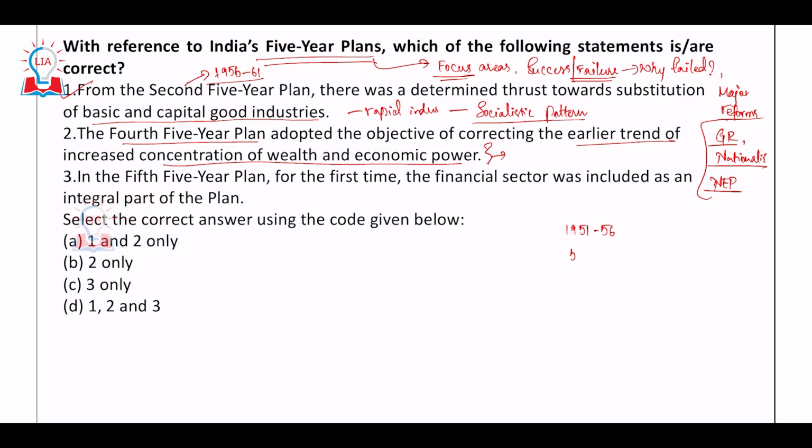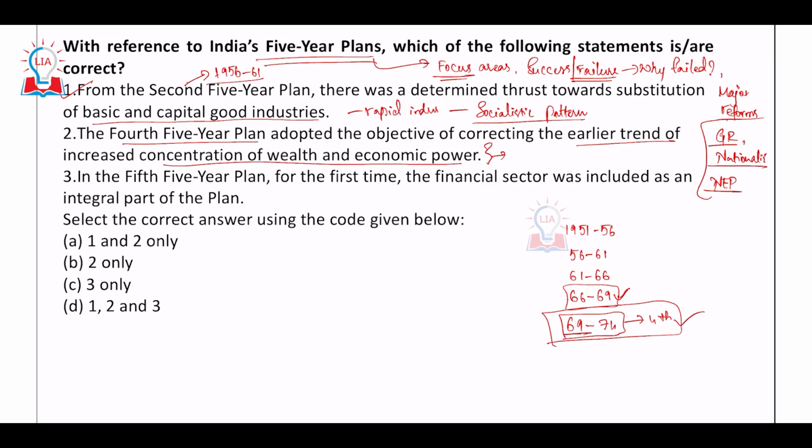The second was from 56 to 61, and the third one was from 61 to 66, and 66 to 69 was a plan holiday. So the fourth plan we are talking about is from 69 to 74. So during this fourth plan, what was happening in India?